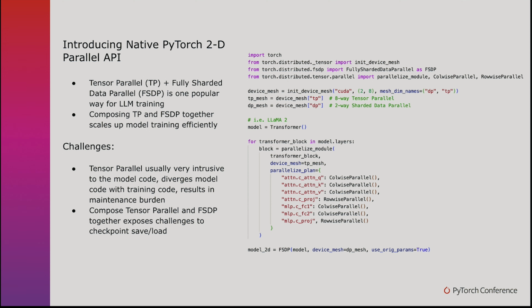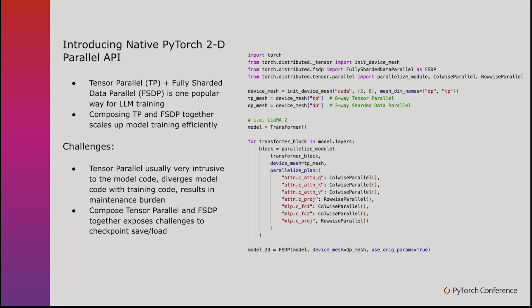We can see from this code example that device management can be easily achieved by creating a 2D device mesh, with the zeroth dimension of the device mesh performing data parallel and the first dimension performing tensor parallel. And as you can see, you can easily slice this 2D device mesh into a 1D device mesh with an annotation telling which dimension of the device mesh the parallelism should be using.